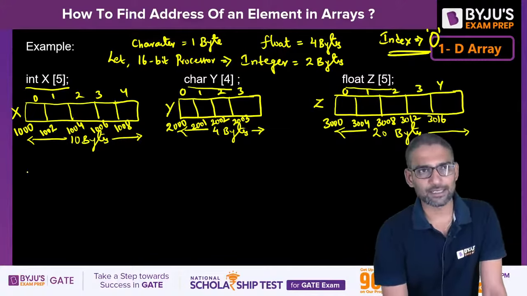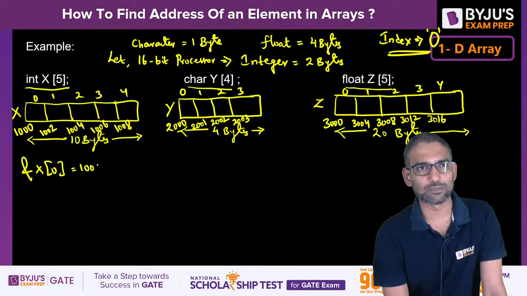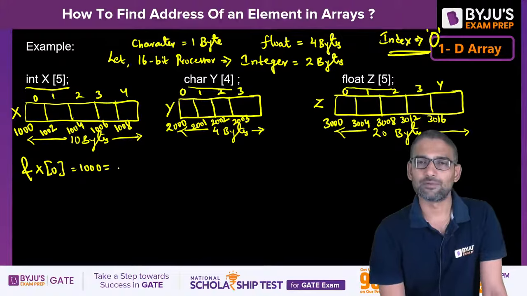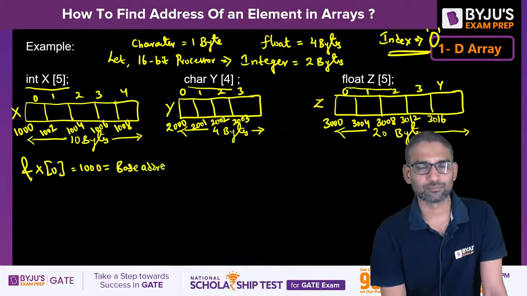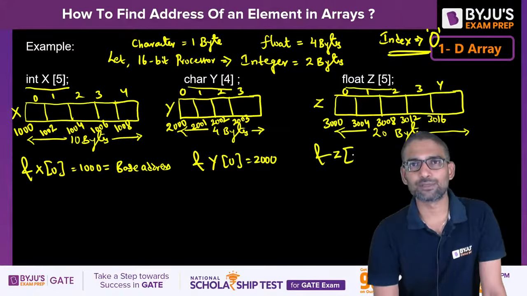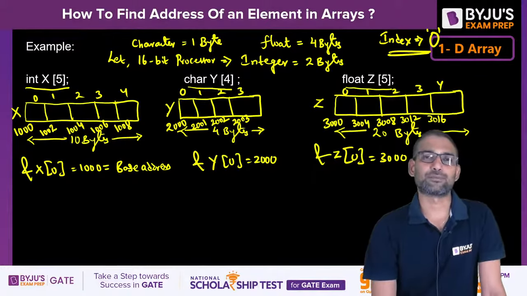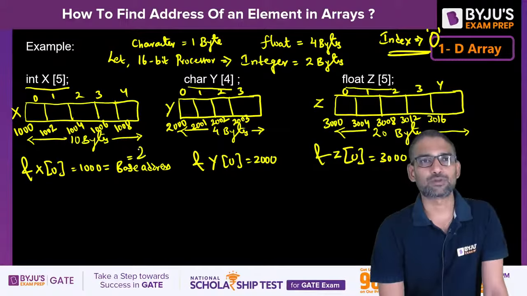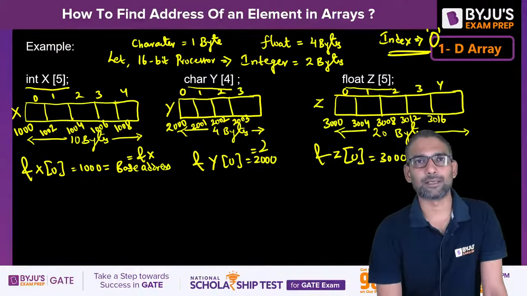That indicates address of x of 0 is equal to 1000, which is the base address we say. Similarly, address of y of 0 is 2000. This is again base address. Address of z of 0 is 3000. This is again base address. Base address means address of the whole array. Right?